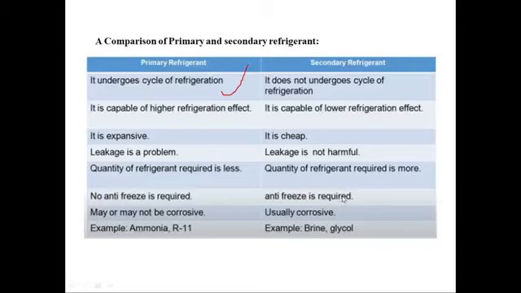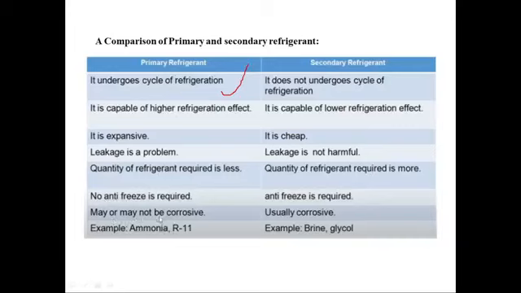Like in case of an ice plant, we use water with a salt solution, 70% water, 30% salt solution, so that the freezing point of the water, which is 0 degrees centigrade, can be moved down to as low as -35 to -40 degrees centigrade. So that way you can use that brine to make ice. Otherwise you cannot. So an antifreeze is sometimes required in case of a secondary refrigerant, and it is not required in case of a primary refrigerant.